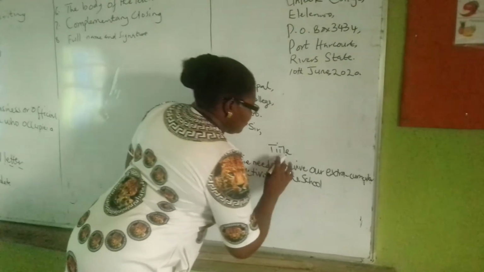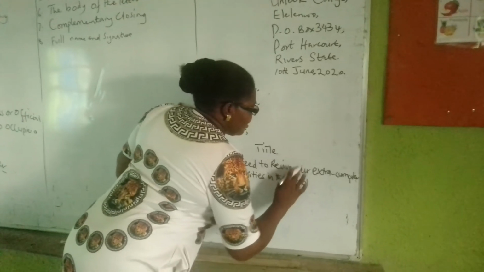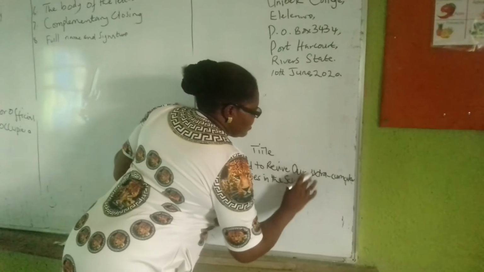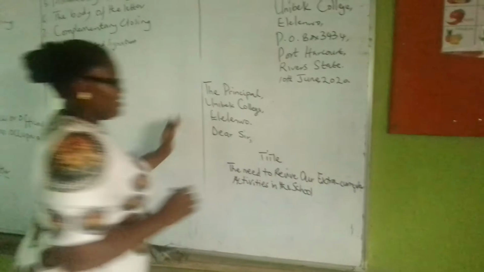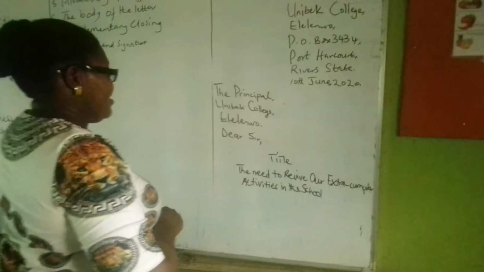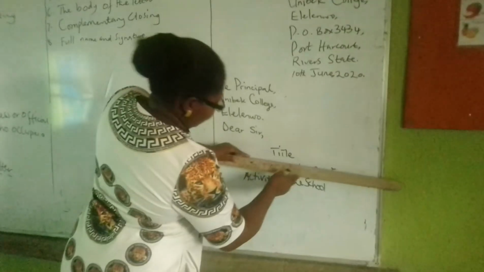Now, these things you see me using my special caps to write, they are what is known as content words. Content words are words that can stand alone and give you a meaning. So you use your capital letters to write those content words.